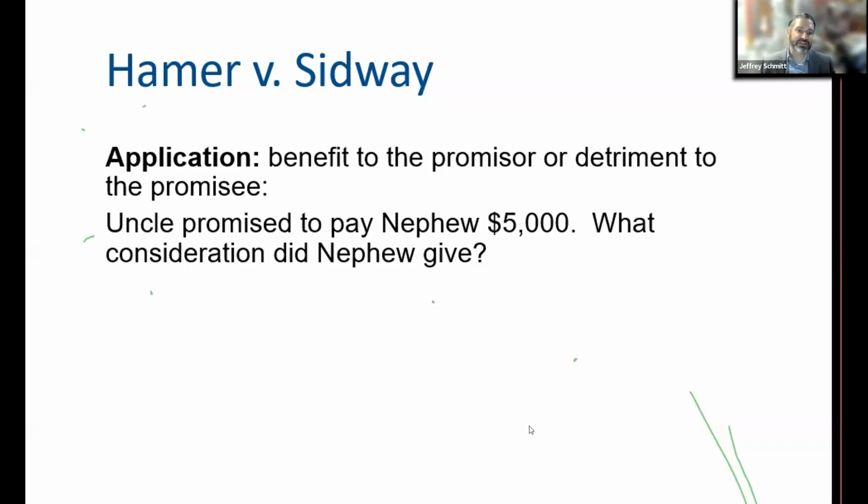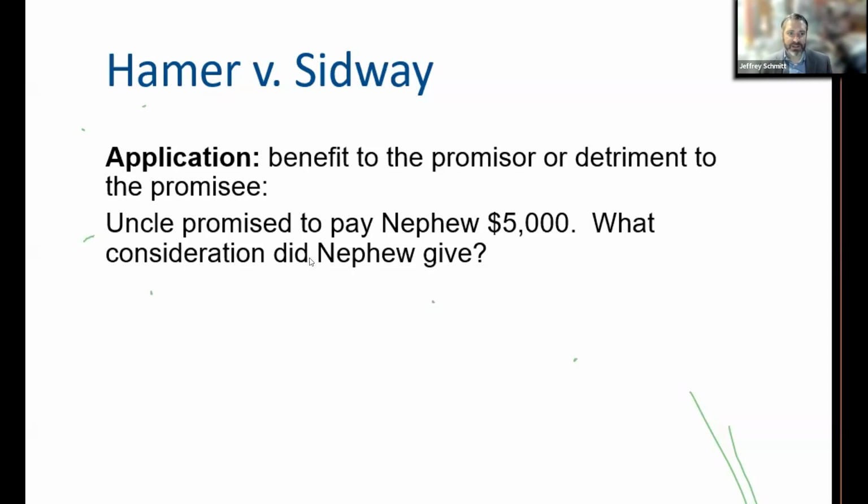Now you might think he got nothing in return, right? The nephew didn't give him anything of value. You might think the uncle got the benefit of feeling good about himself, of being happy that his nephew stayed out of trouble, but the courts do not consider that consideration. That does not count. So the uncle got no benefit.